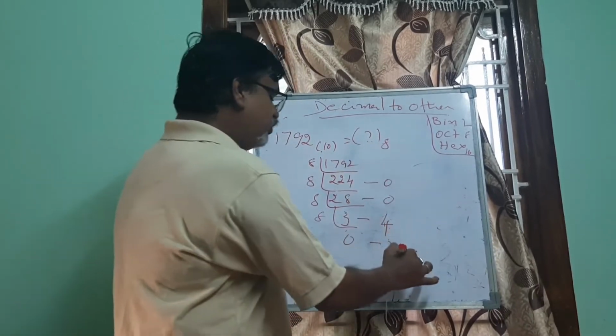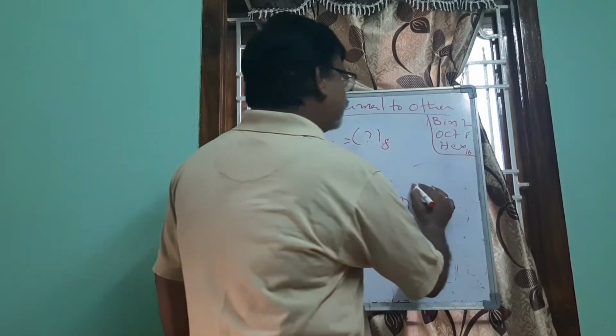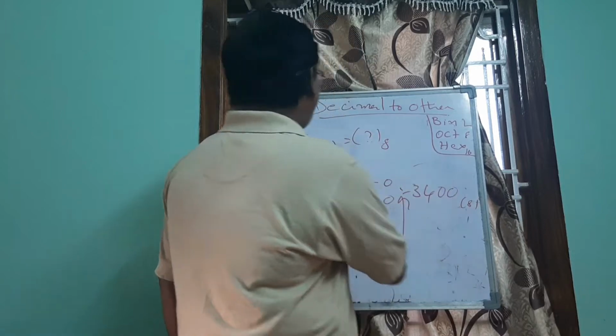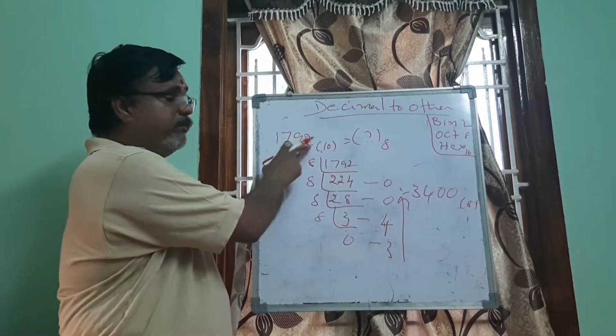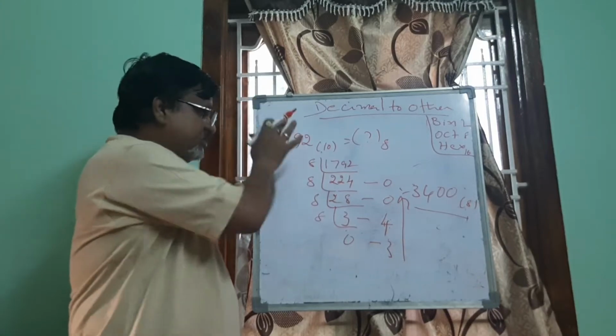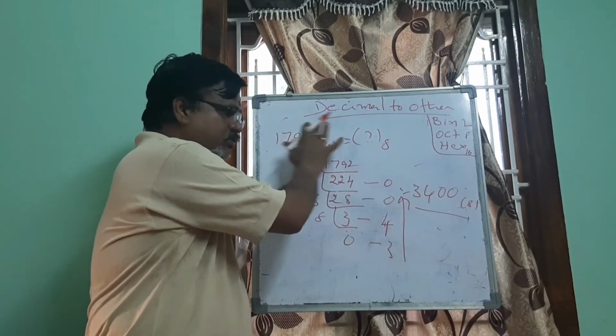So again I told you, you have to write in the reverse order. So 3400 base 8. So the 1792 base 10 is equal to 3400 base 8. This is the way how to convert a decimal number to octal.